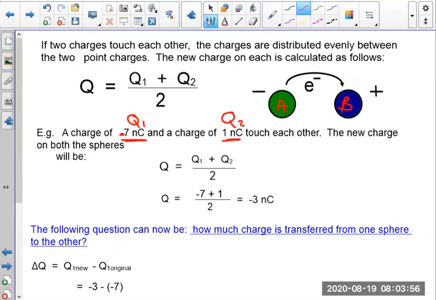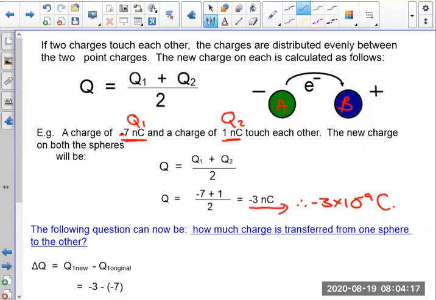That is minus 6 divided by 2, which gives an answer of minus 3 nanocoulomb. Therefore, it can be minus 3 times 10 to the power of minus 9 coulomb, as you can see there. So that's when they touch and go away from each other.